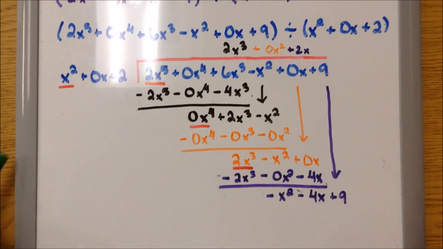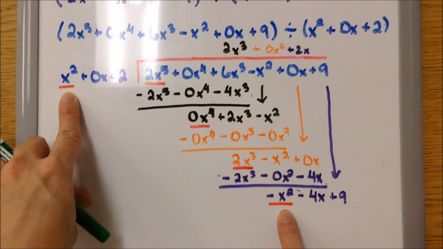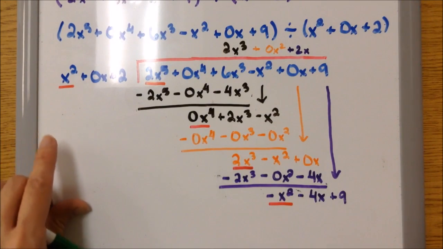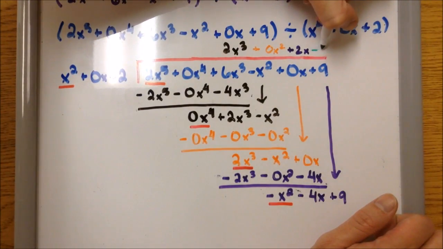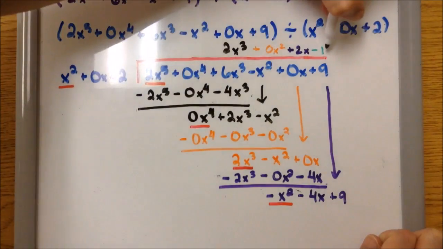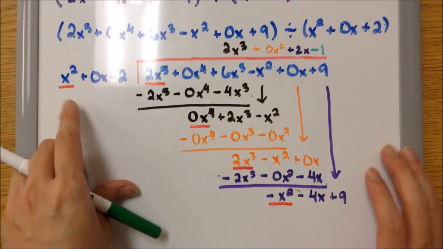Now, going to compare negative x squared right here. So what do we multiply x squared by to become negative x squared? Well, if that's positive and this is negative and has the same exponent, we're just going to simply multiply by negative 1. So I'm going to multiply the divisor by minus 1 or negative 1.